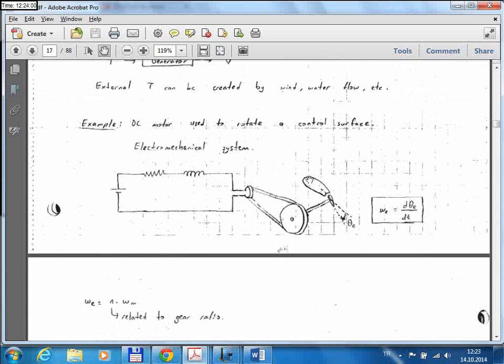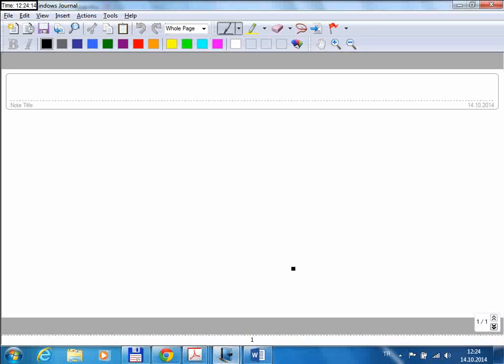So by using these elements, you can model complex systems. For example, let me give you some ideas. And in fact, I'm planning to make these ideas homework problems for you, or I can ask these in the exams.